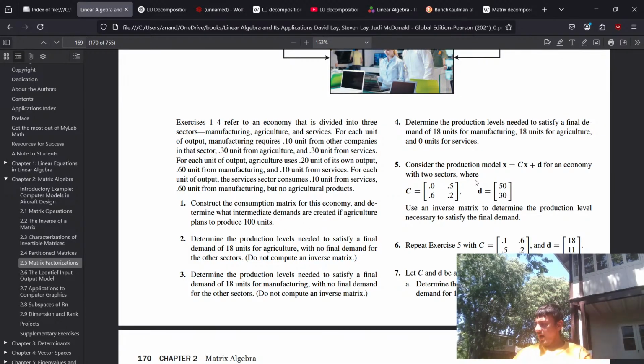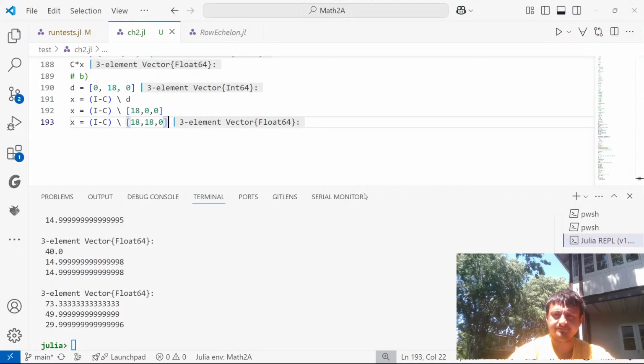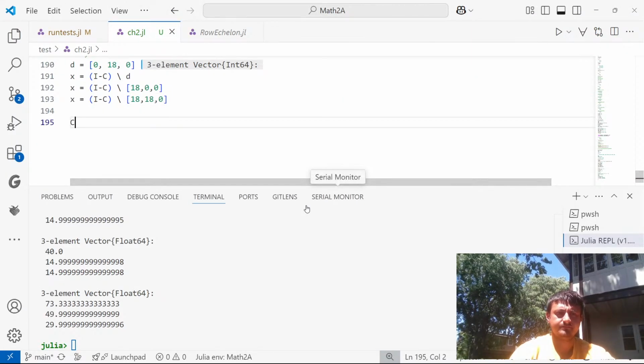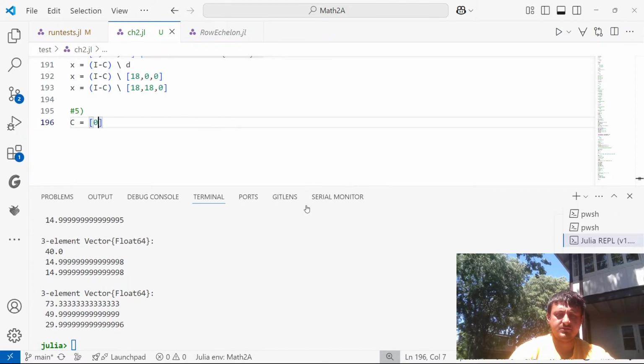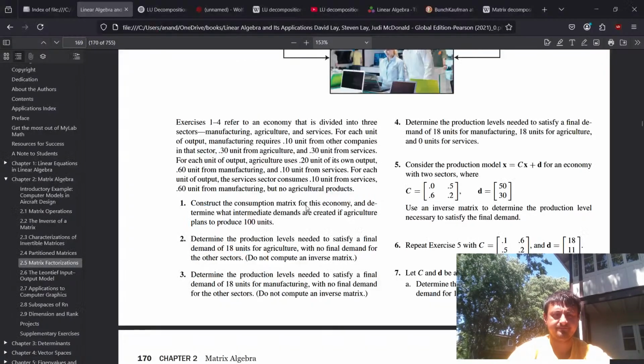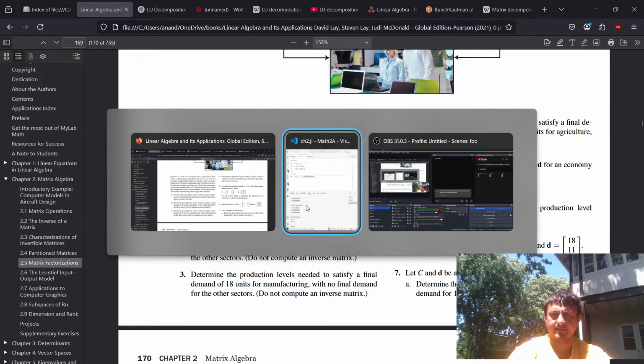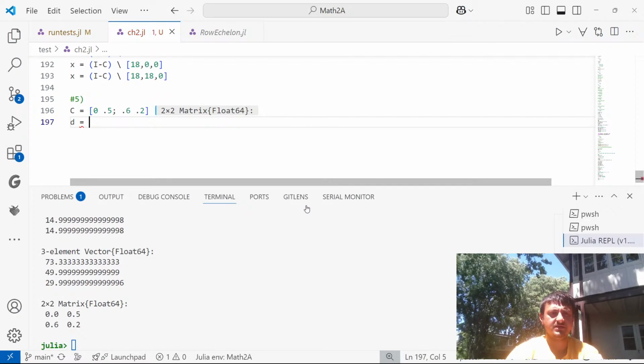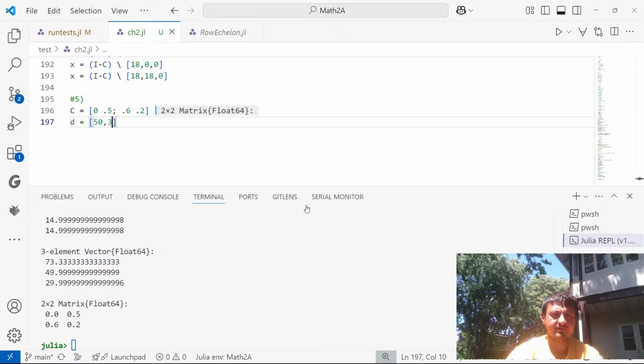C is 0.5, 0.6, 0.2, and D is equal to, what did it say? 50, 30.